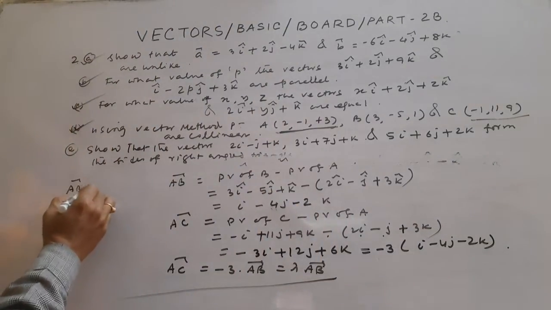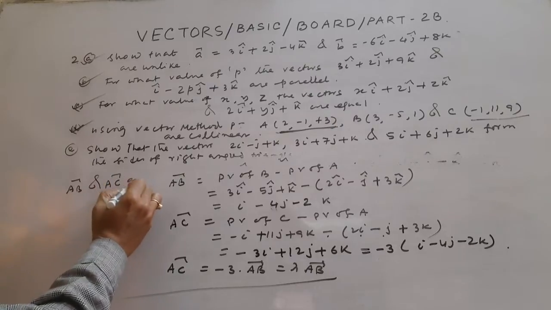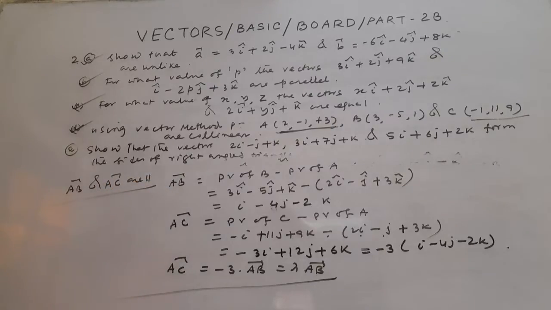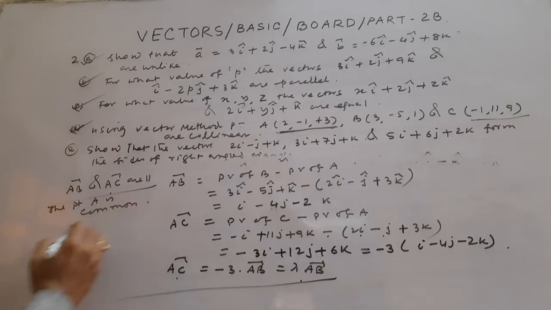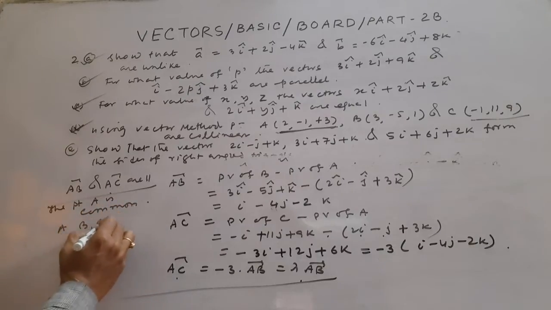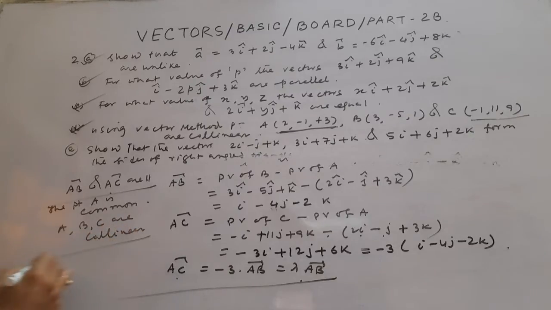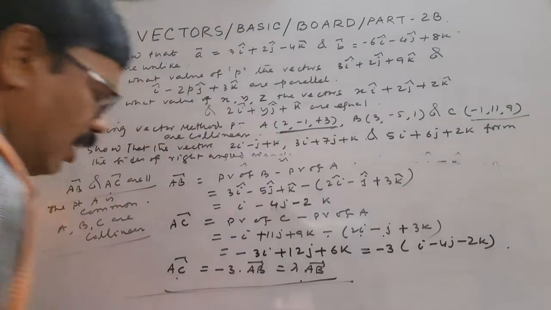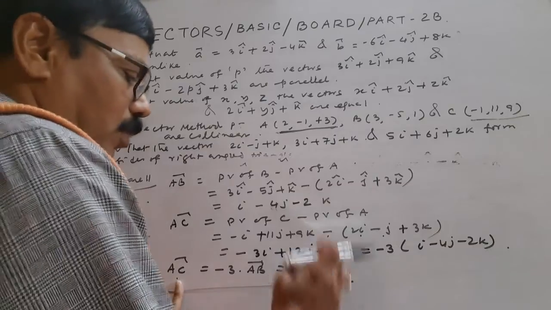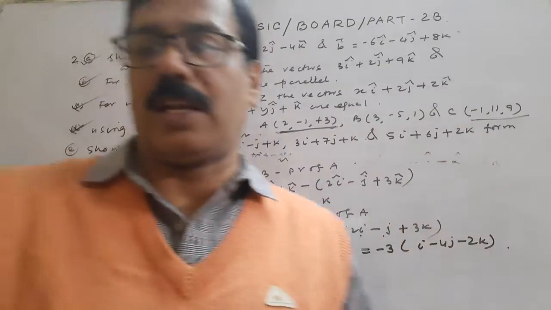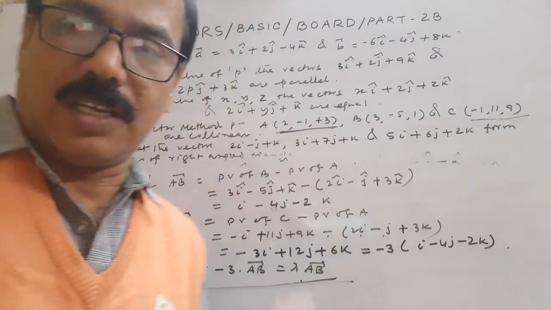It is a scalar multiple, and the point A is common. Therefore, A, B, C are collinear. Or you can directly say AC can be represented as a scalar multiple of AB. Parallel and collinear vectors are the same.